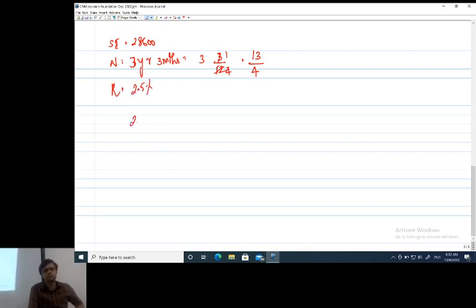Okay, 13 by 4. R is what percent? 2.5%. Also on substitution, 28,600 equal to, I do not know the principal, I have to figure it out, into 13 by 4 into 0.025, that is 2.5 by 100. Solve. What is P? 8,800 divided by 0.025.